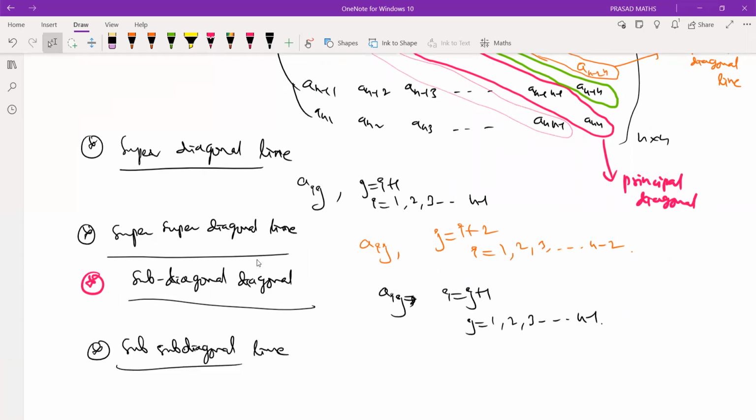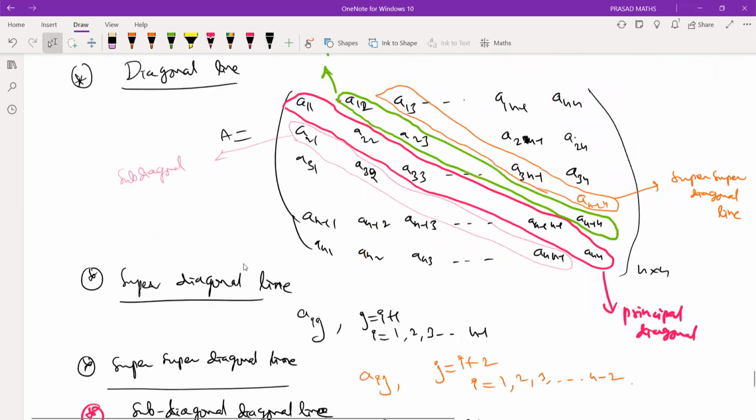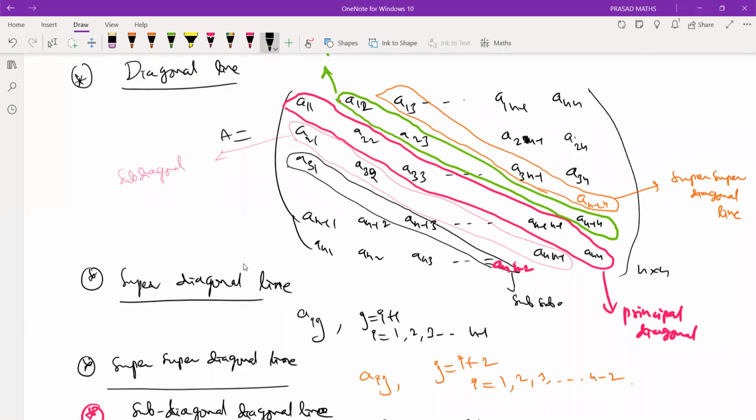Next, what is the second subdiagonal line? Similarly, Aij such that this is the second subdiagonal. What is this actually? This is A(n,n-2). Tell me, this is nothing but the second subdiagonal.